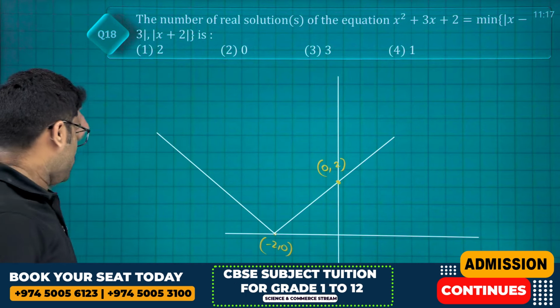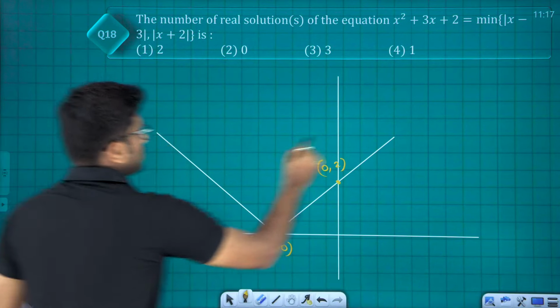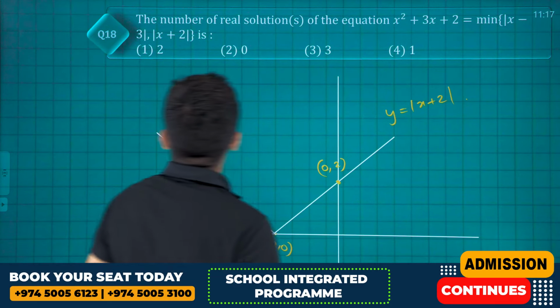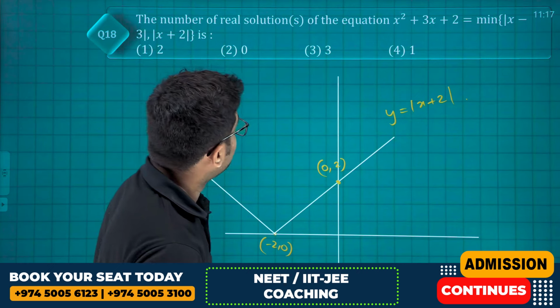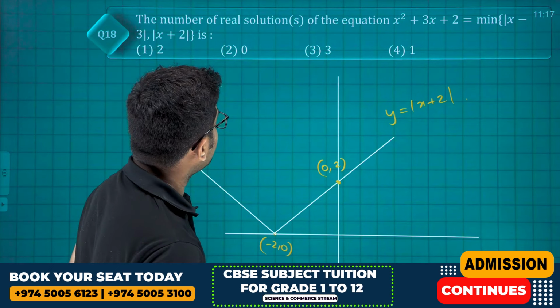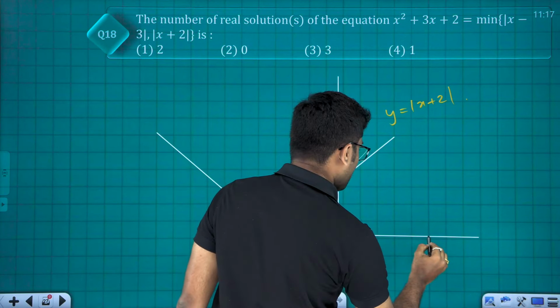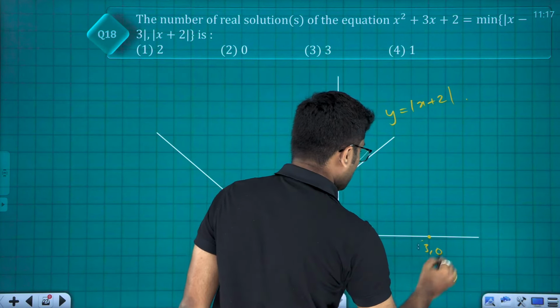Now this is the graph of y equals mod of x plus 2. Next, another graph is mod of x minus 3, with vertex at 3 comma 0.